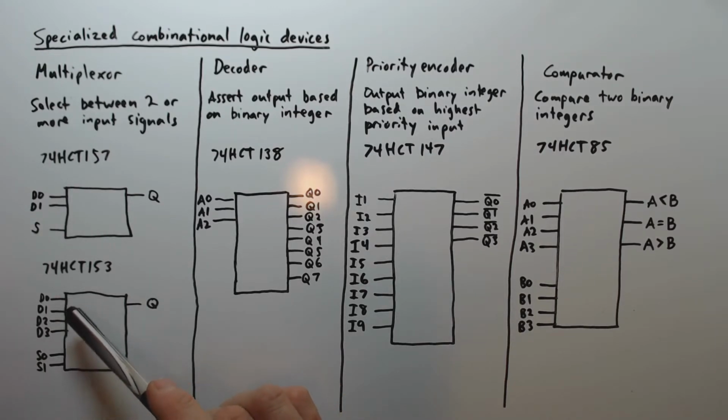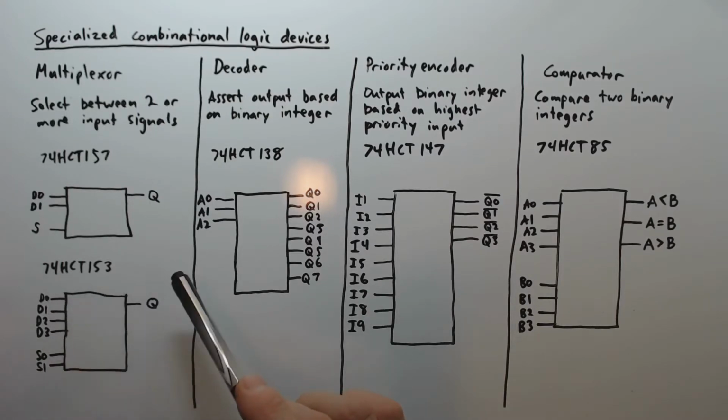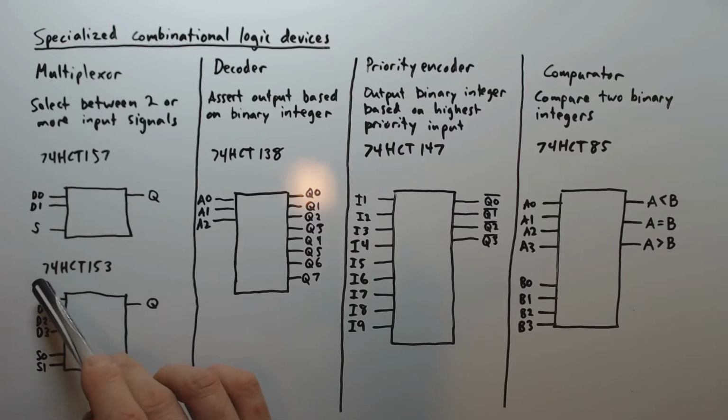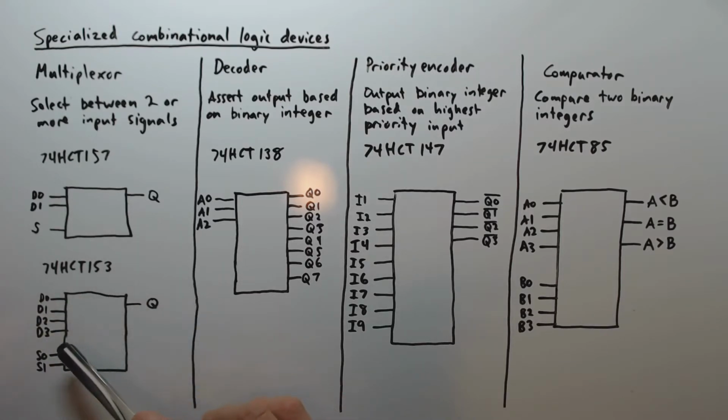Here there are four inputs, D0, D1, D2, D3, and then there are two select inputs, S0 and S1, and basically if you think of S0 and S1 as being a 2-bit integer value, meaning the combinations here are one of four values, those will select one of these four inputs to copy to the output Q. So for example, if S0 is low and S1 is also low, that means that D0 is copied to Q, because low and low, in other words 0 and 0, that's the binary representation of 0, so that means D0 is selected.